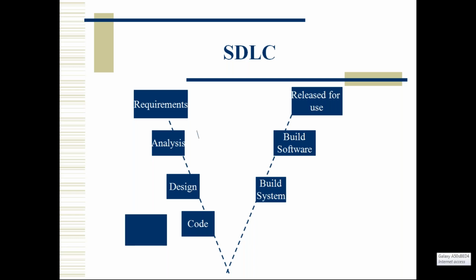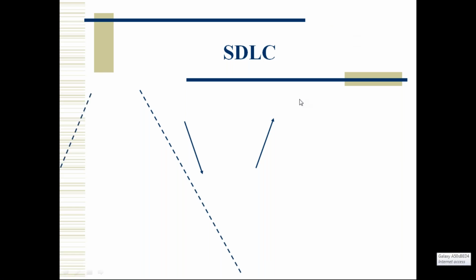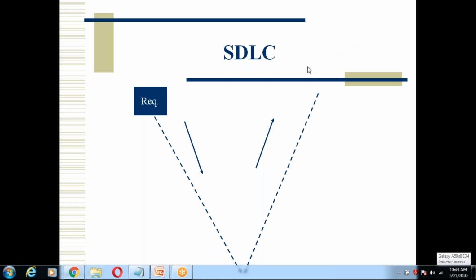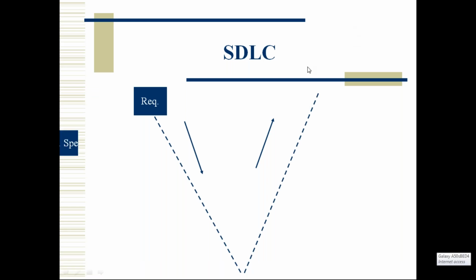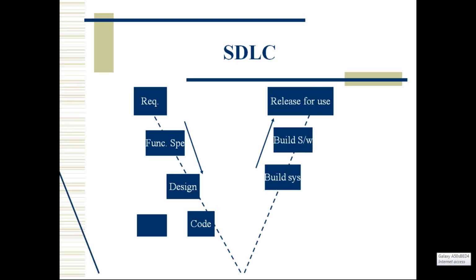Let me complete this quickly. Yes team, now see, you can see a dotted line, and a solid line will come now. This is the flow. This is the requirement, then the functional specification, which I will explain, then design, code, system build, and software release for use.